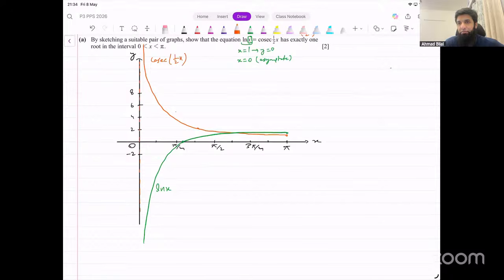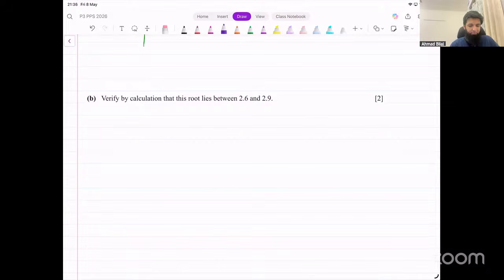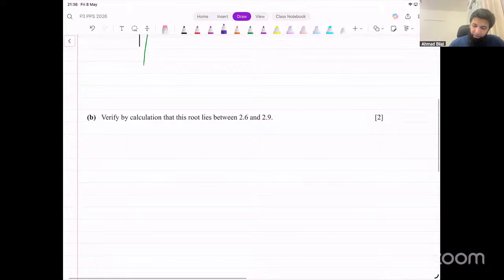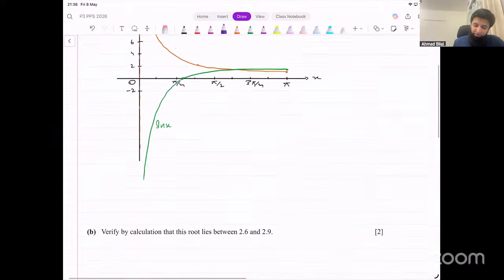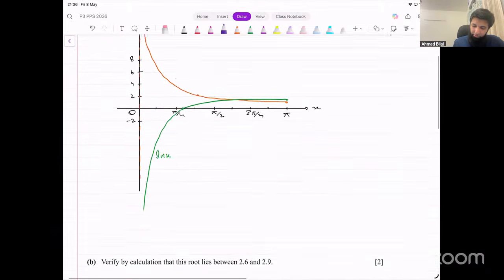Any issues? Any problems, anyone? Okay. Verify by calculation that this root lies between 2.6 and 2.9. Now, how do we do that?